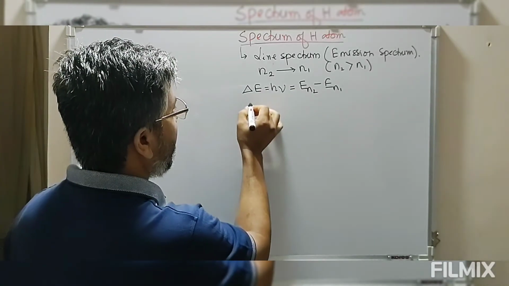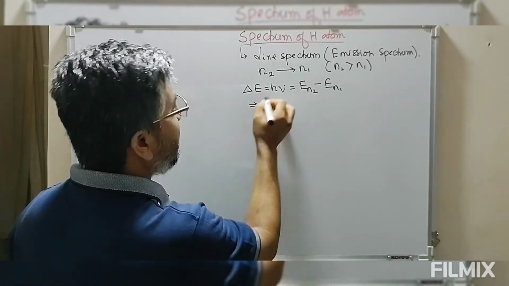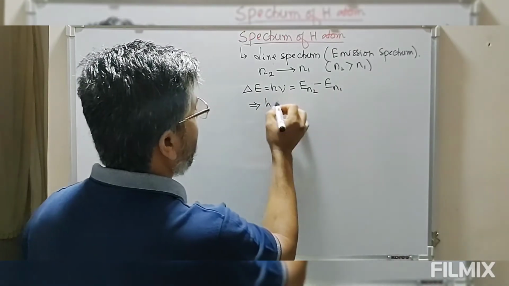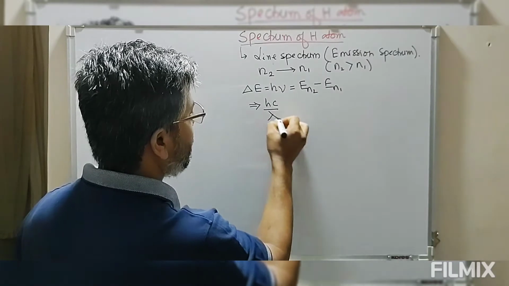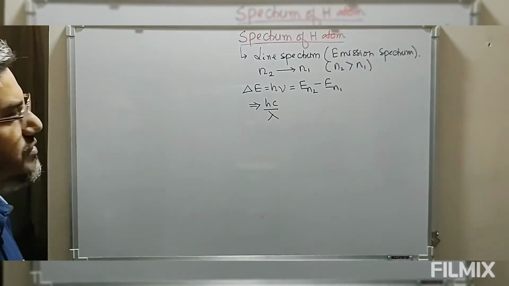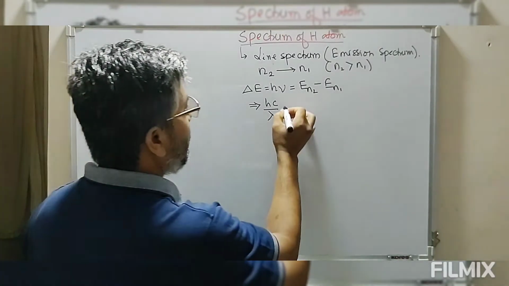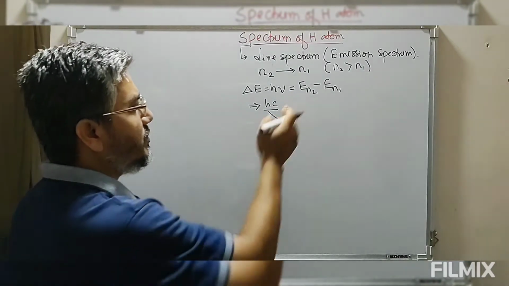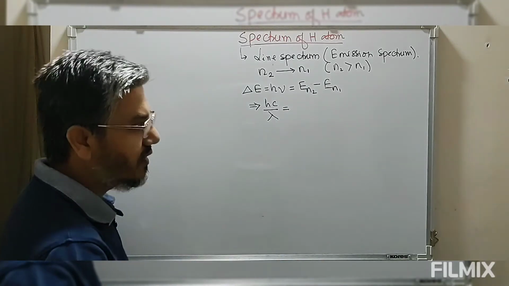Now look at this, we have h nu equals hc by lambda, because we have the relationship nu equals c by lambda. Now we have the energy equation from Bohr's theory.